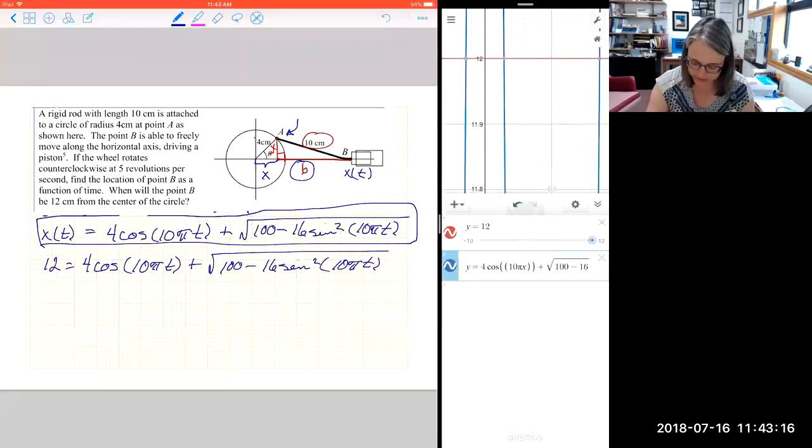Okay, so now I'm going to shrink my Desmos window back down. So the first time that the rod passes through 12 centimeters is 0.02851 seconds after the cycle begins.